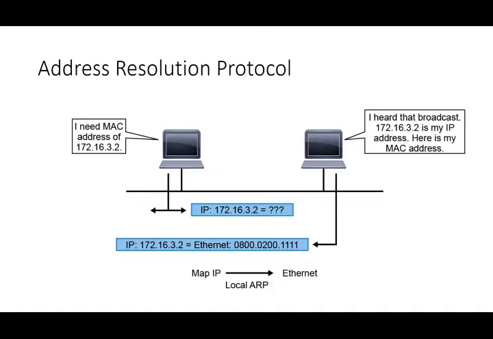So how does Address Resolution Protocol work? Well, basically this machine here needs the MAC address of 172.16.3.2. In order to get it, it is going to send out a broadcast using the ARP protocol. It sends out a broadcast that says, hello, I'm looking for 172.16.3.2. Who is that? Please tell me.